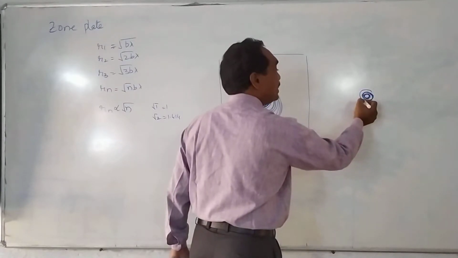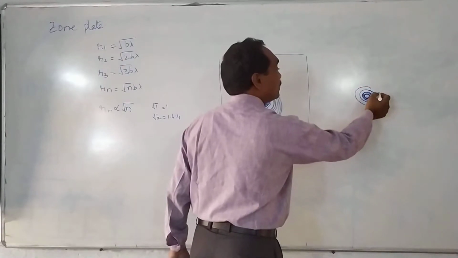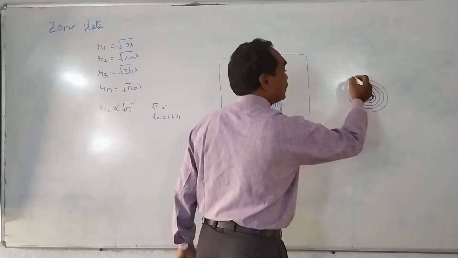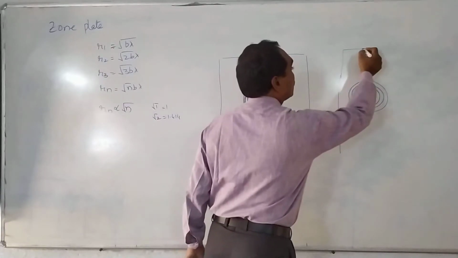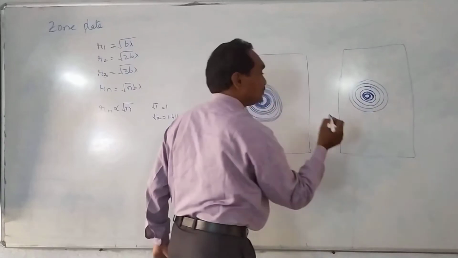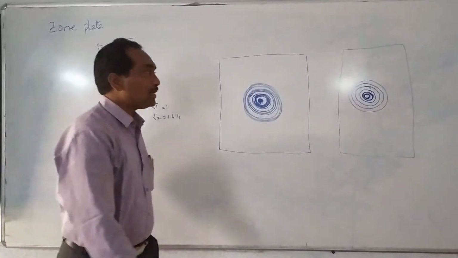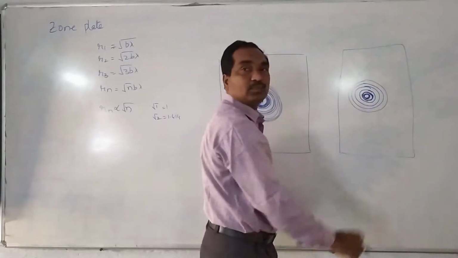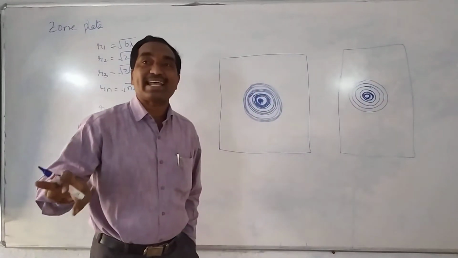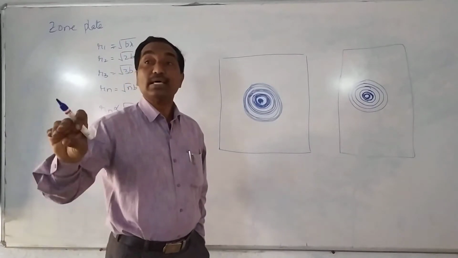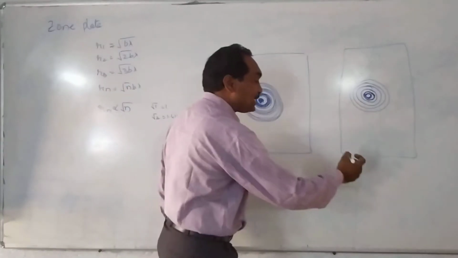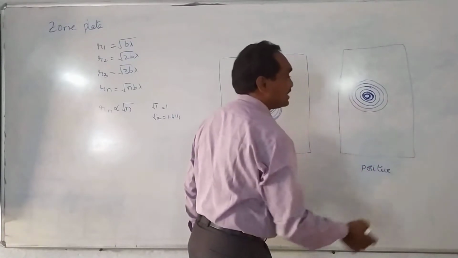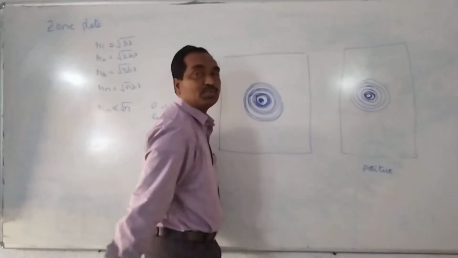Similarly, the half period zones look like this. When we observe, this is first, third, fifth, seventh, ninth, 11th. If the odd zones are transparent, such a zone plate is called a positive zone plate. Mainly, the central half period zone is transparent.